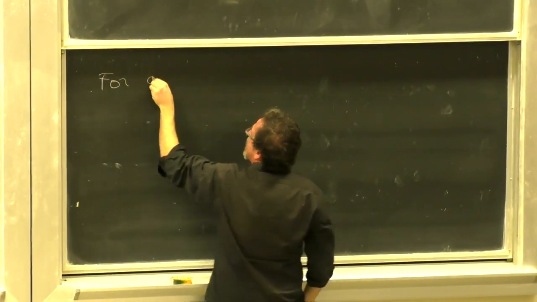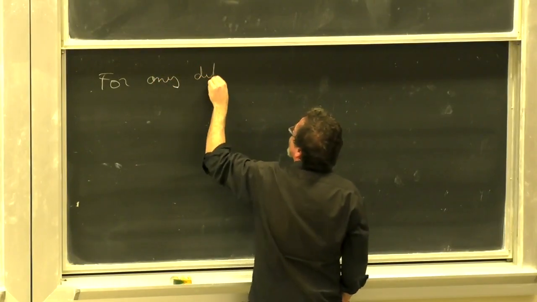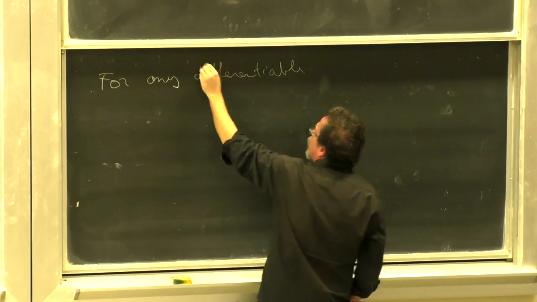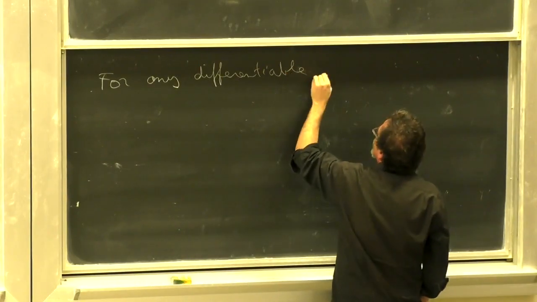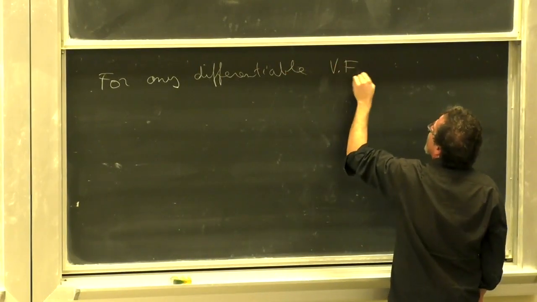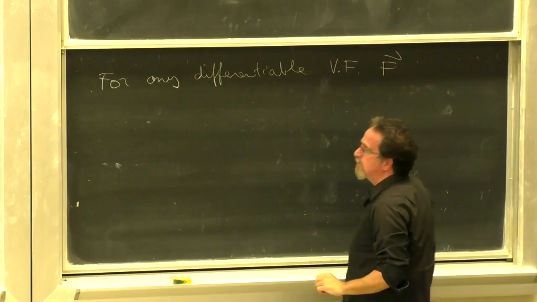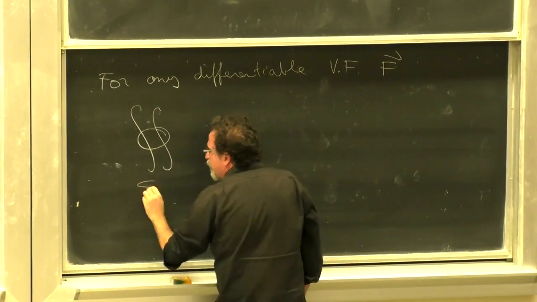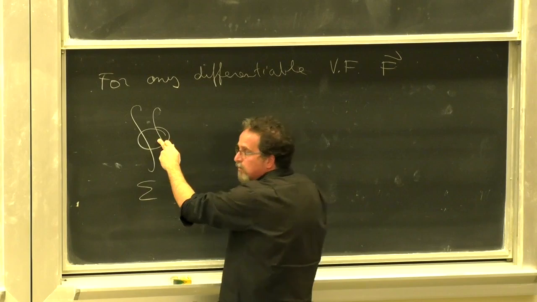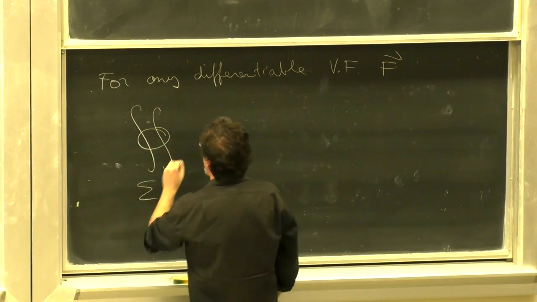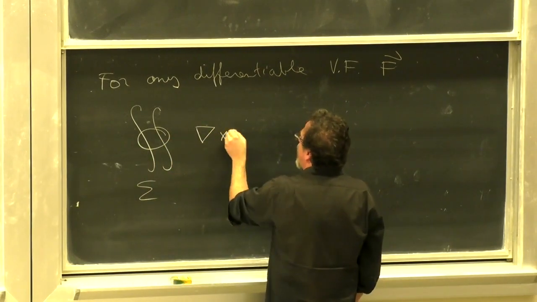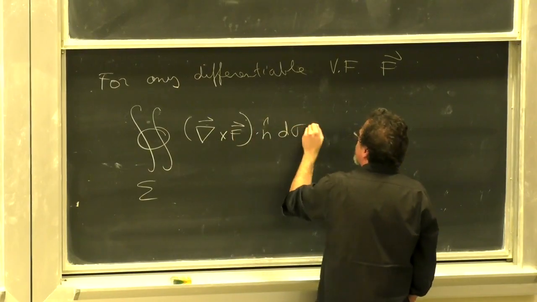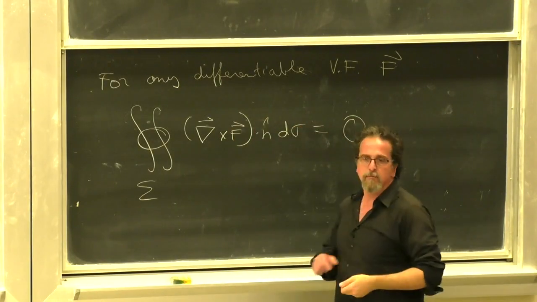For any differentiable vector field, it has to be differentiable, which means that the curl has to exist. For any differentiable vector field F, the integral over a closed surface of the curl of F dot n hat d sigma is equal to 0.